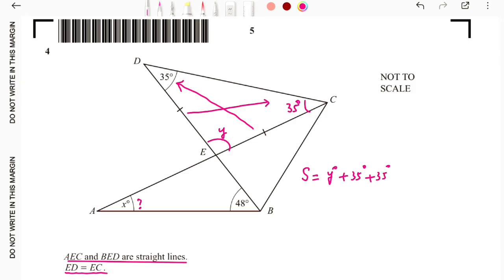In place of sum we can write 180. 180 is equal to y degree plus 70 degree. Now subtract it from 180 degrees. 180 minus 70 degrees is equal to y. So the answer of y degree would be 110.